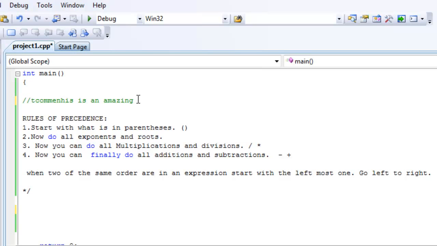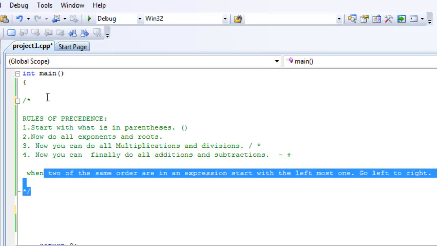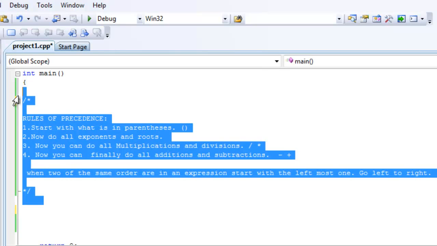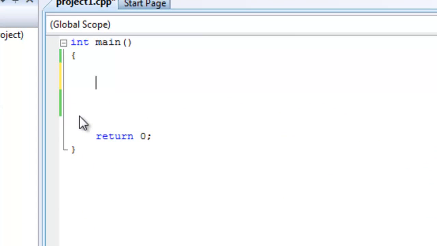I can't even type today. So, if you wanted to make one line of comments, that's how you do it. If you wanted to make a whole block, all you have to do is do a slash and star and then star slash. Okay, like that. And that'll make this whole block a comment, and this would not count in the code because this is just words, right? So anyways, let's take it out and start doing an example.